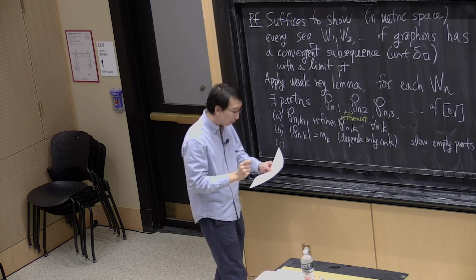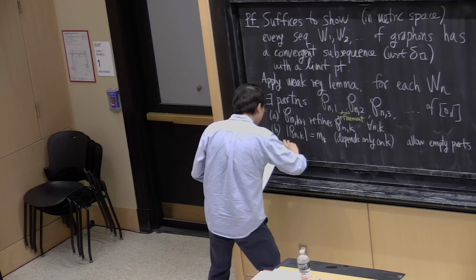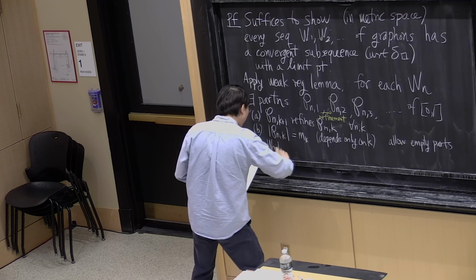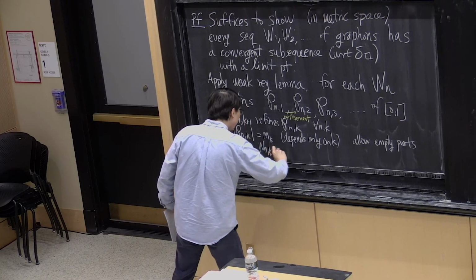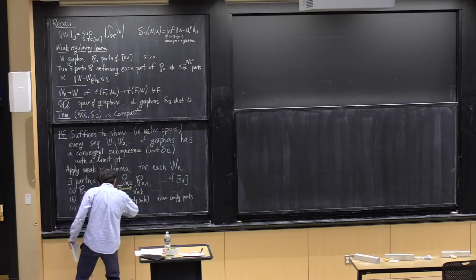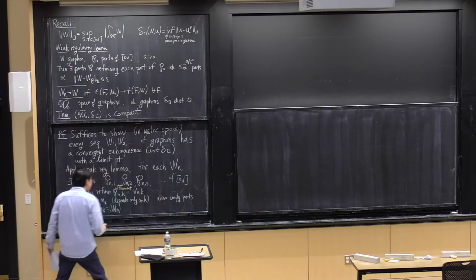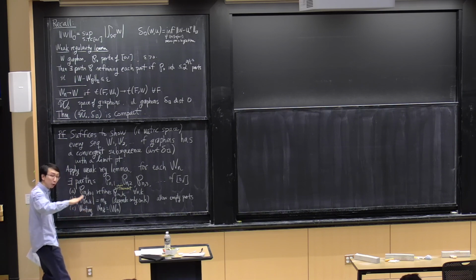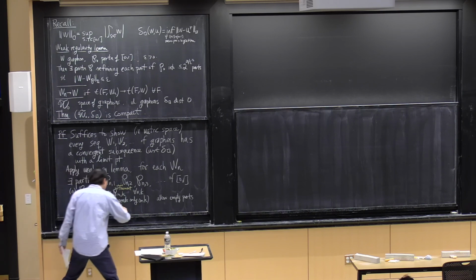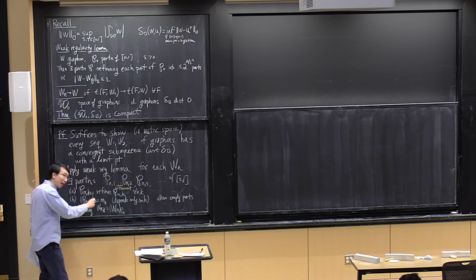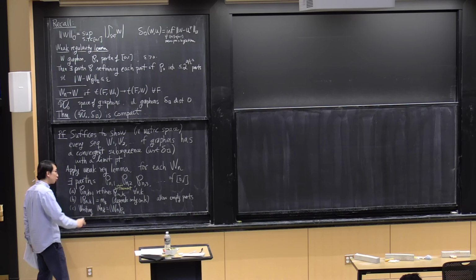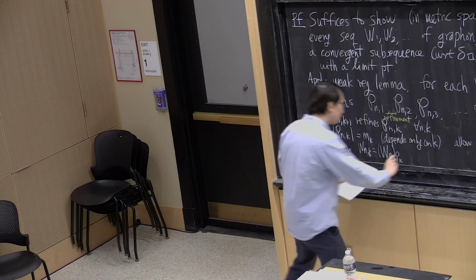And the third one has to do with the error of approximation. So suppose we write W sub nk as the graphon obtained by applying the stepping operator. So this is the averaging operator on this partition. Corresponding to the kth partition, I apply a stepping averaging operator on the nth graphon, and I get W sub nk.